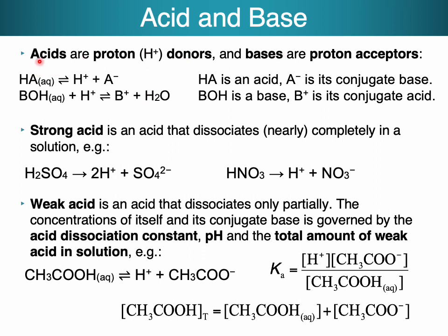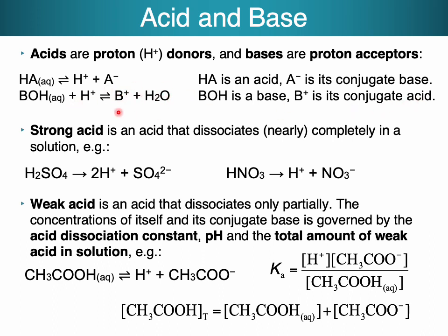Here are some other important terms. When an acid dissociates to form a proton, the A minus here is called the conjugate base. When a base accepts a proton, then the resulting species is called the conjugate acid.